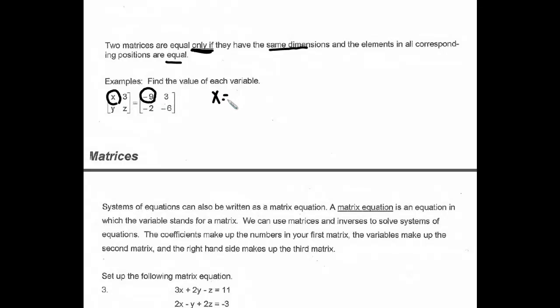So x is equal to -9. 3 is equal to 3. y is equal to -2. And z is equal to -6.